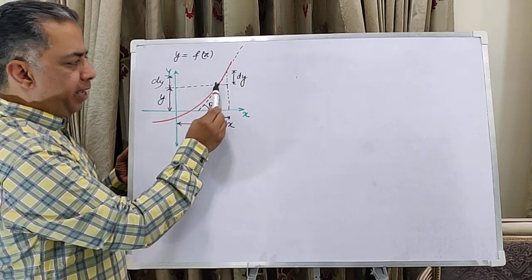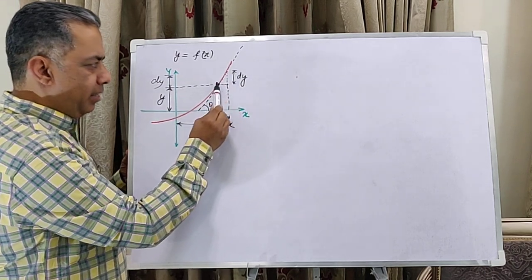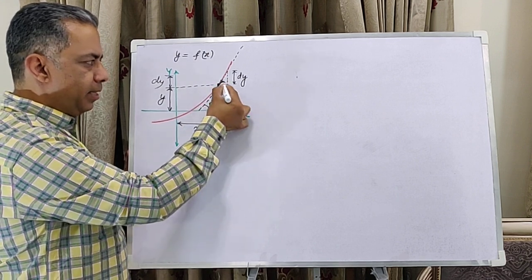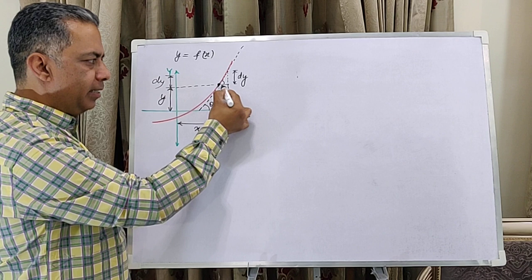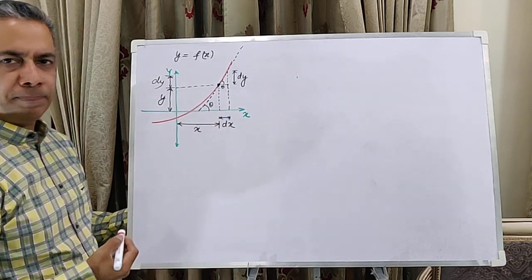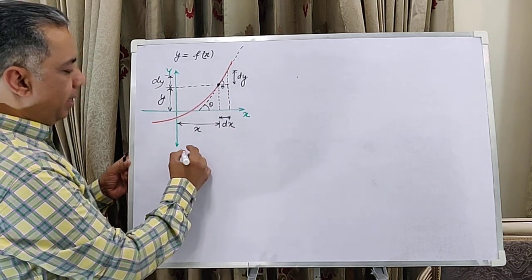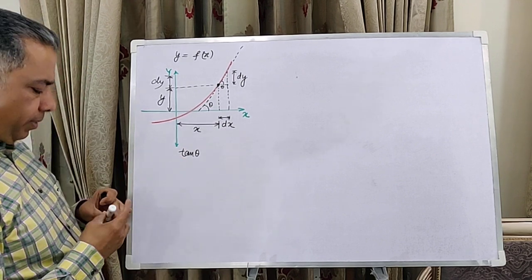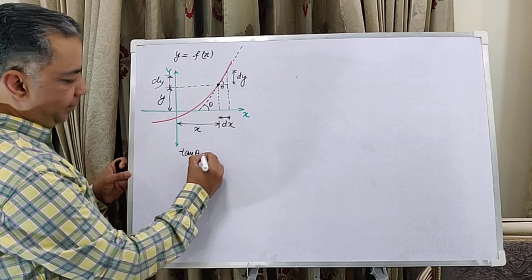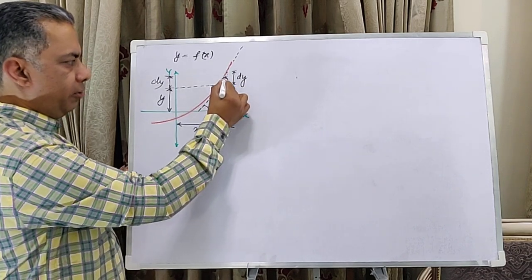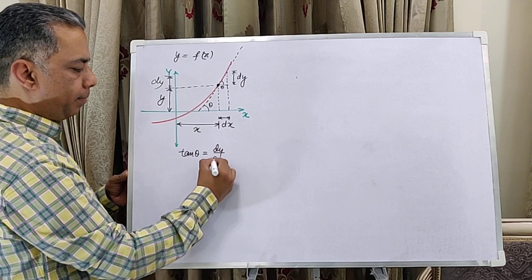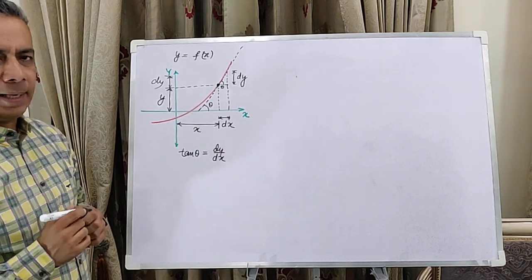If you observe carefully, look at this little triangle here: if this is theta, then this angle here will also be theta. Now what is tan theta therefore? Tan theta is equal to, if you look at this little triangle, dy by dx.